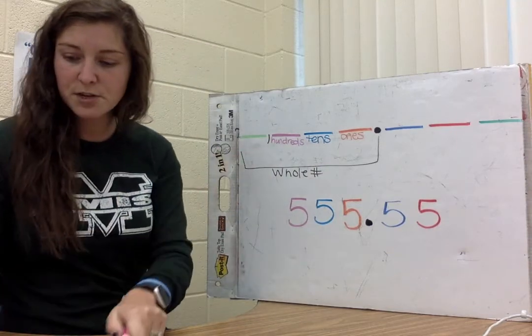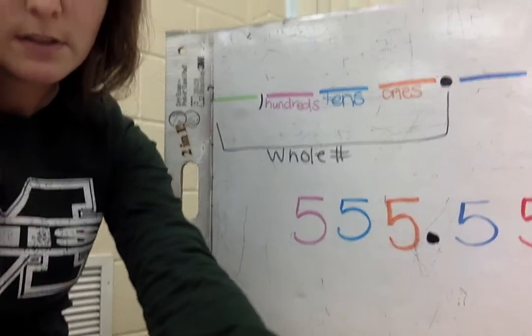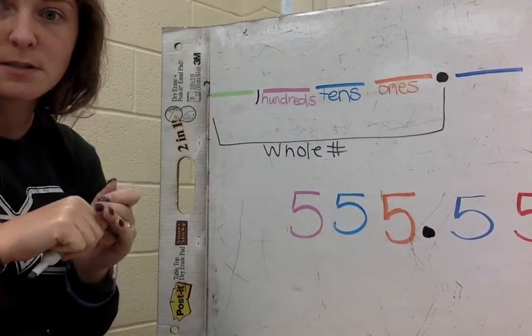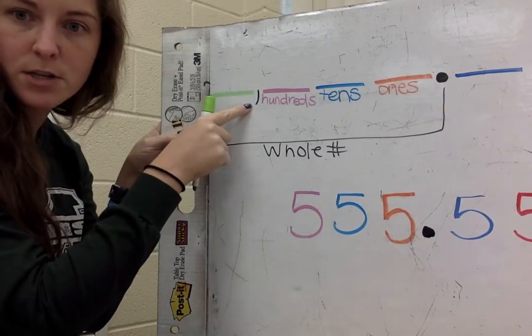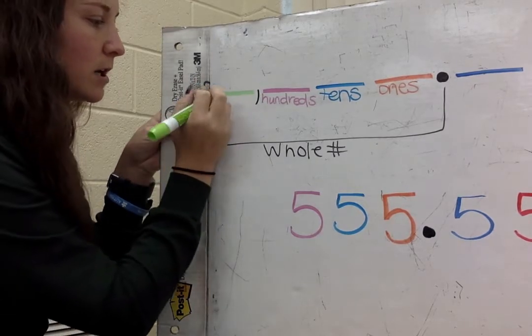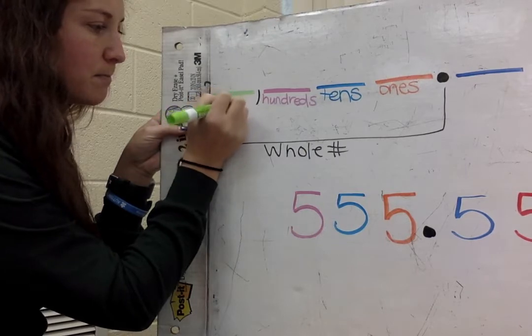And then the last section, it's kind of hard to see, so I'm going to bring you a little bit closer, is our light green section, and this is for our thousands place. Notice we have a comma, because in front of every 3 digits in the whole number section, we have a comma. So then over here, we're going to include our thousands.